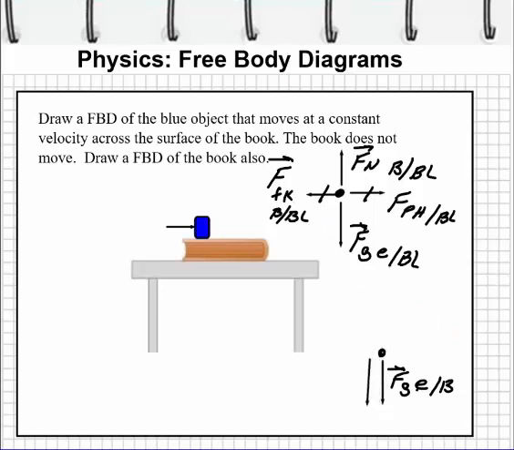Oops, not quite straight. This would be the force normal, and I'd call that the blue onto the book. I'd have a force going up here. This would be force normal of the table onto the book.